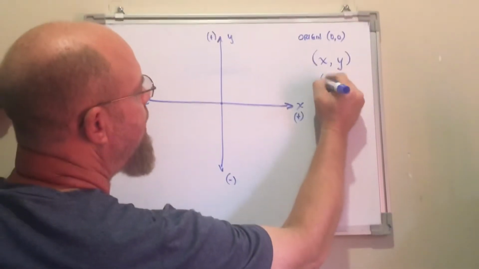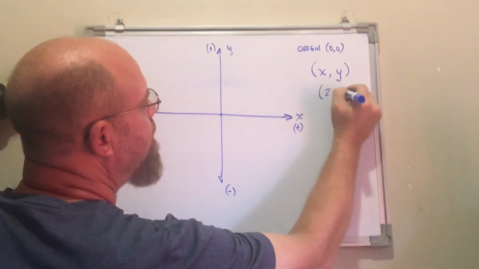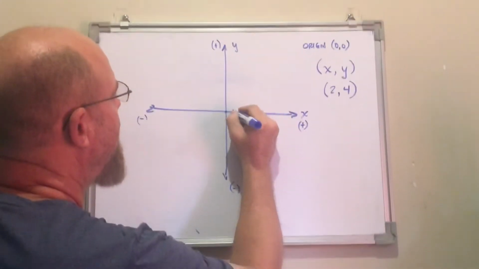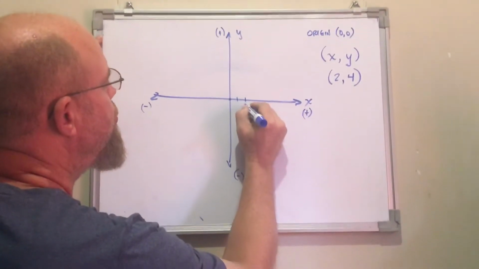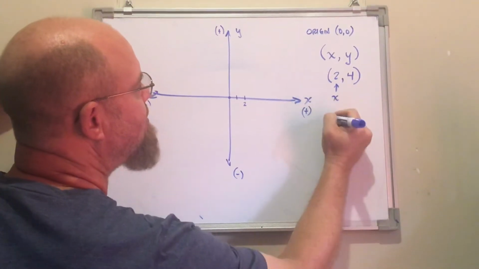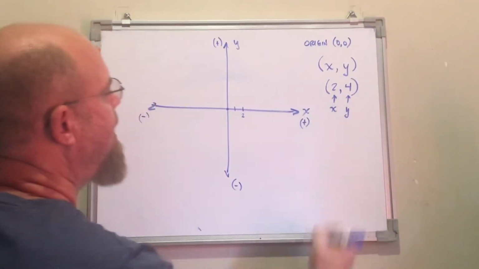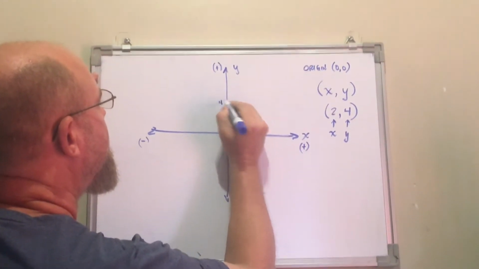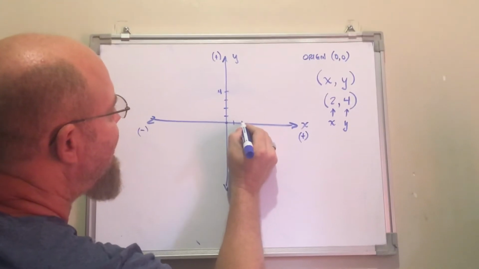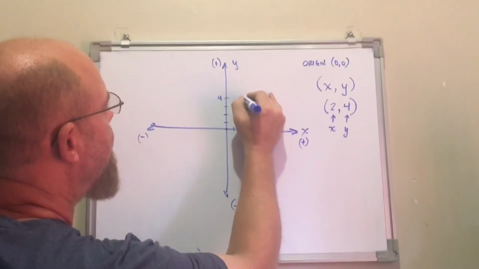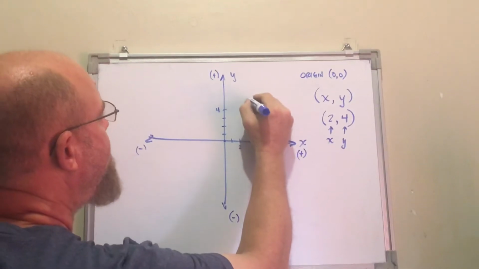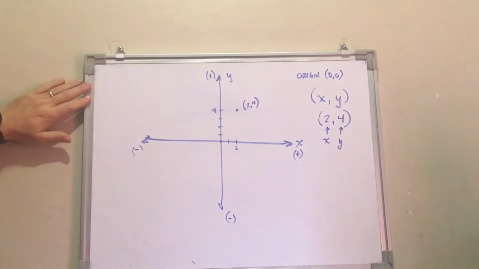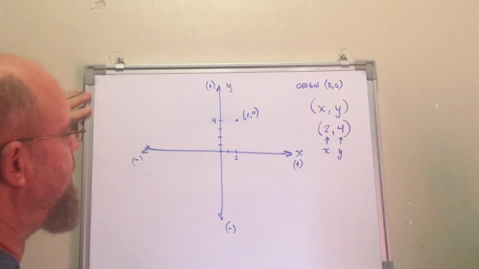So if I have (2, 4), what that means is that the value of that point on the x-axis is 2, because that would be the x value, and 4 is the y value. So in order to find that point, we go to 2 on the x-axis, and then we go up to 4 on the y-axis, and that point is (2, 4). All right? So we learned how to plot points.